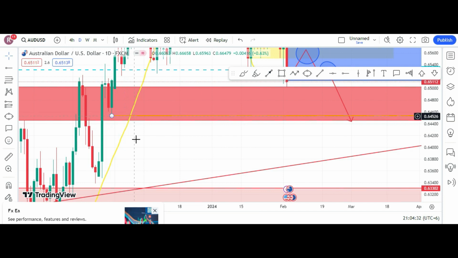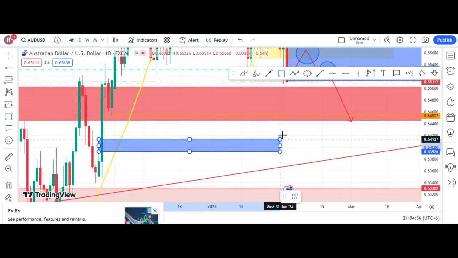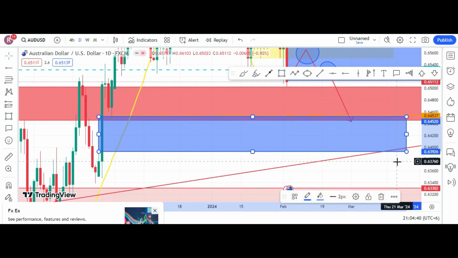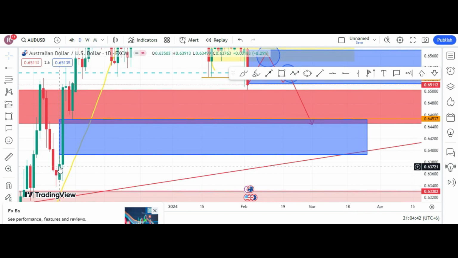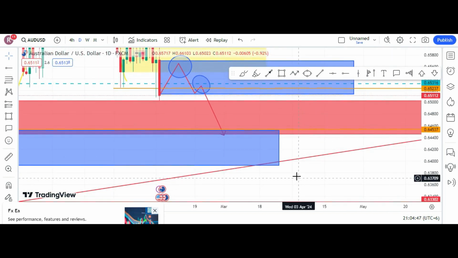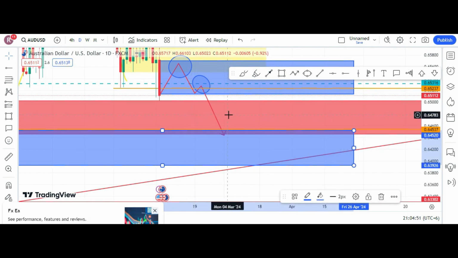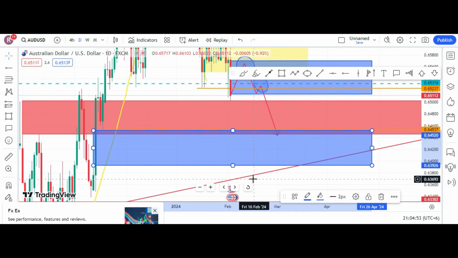Because in daily, you can see that there is a big market imbalance here. Can you guys see or not? The upper shadow of this candle and the lower shadow of this candle, there is a very big gap. So after completing this monthly imbalance, maybe it will take out this area too.